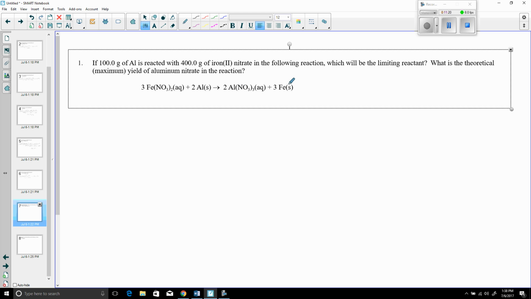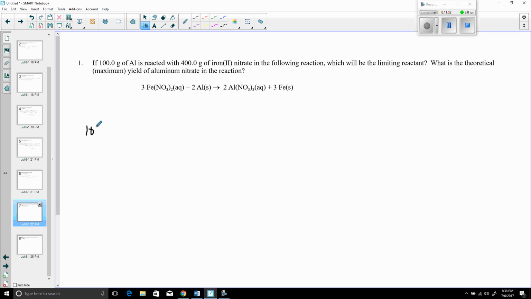We could solve it using iron, but then we would have to go back and do this question again. So in solving problem number 1, we're going to use aluminum nitrate because it's going to answer number 2 for us. So we have 100 grams of aluminum, and we know the molar mass of aluminum is 27 grams, and that equals 1 mole.